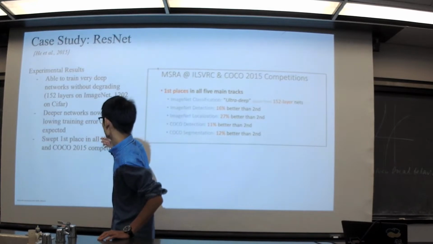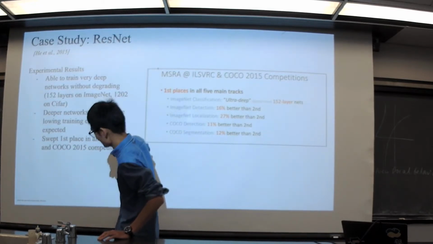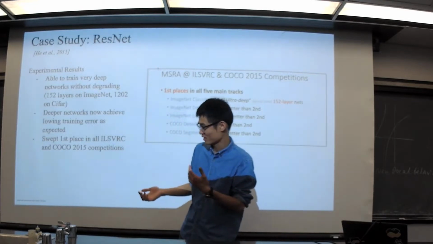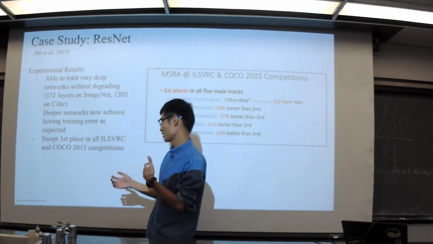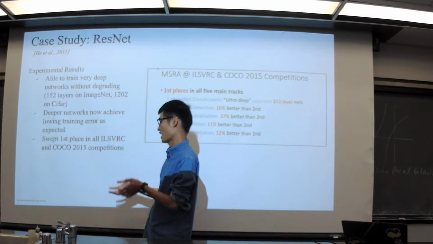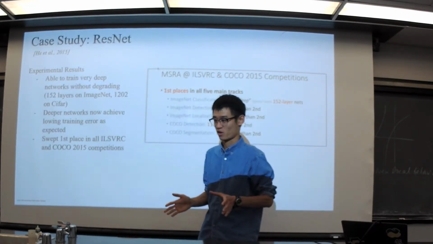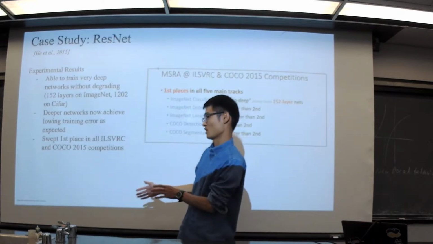Actually, this also means we can train a deep network, because if a deeper network did not provide better performance, it means we have not trained this network well, which means we could not train a deep network.